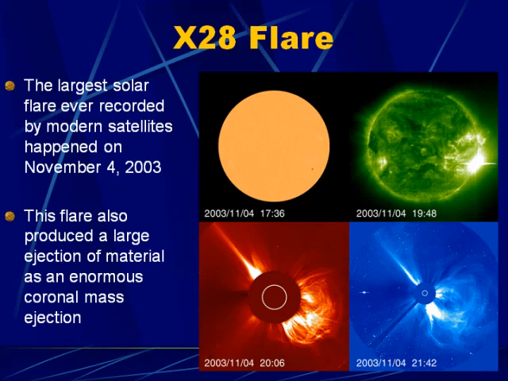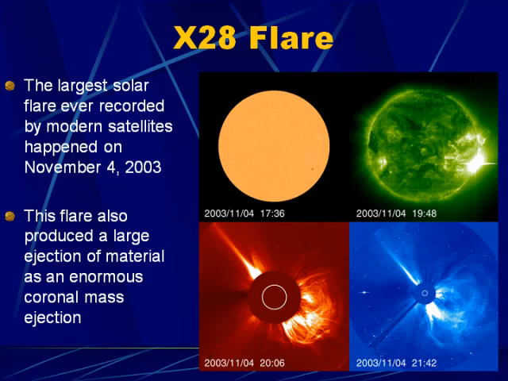Basically, an X1 flare is 1/10 the intensity of an X10 flare. It's a logarithmic scale, basically, the way that works. An X20 flare is 100 times the intensity of an X1 flare. So this X28 flare was almost 1,000 times the minimum flare to be considered X.